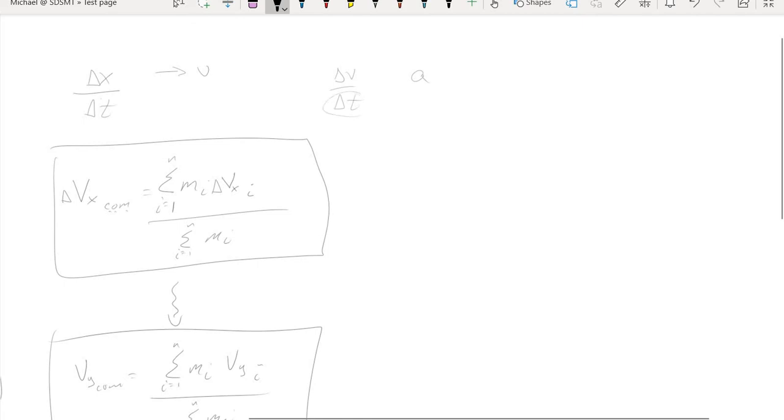The next step will be to divide both sides of the expression by time. And what that makes for us is the x component of the center of mass acceleration equal to the x component of each individual mass acceleration as a part of the summation expression.